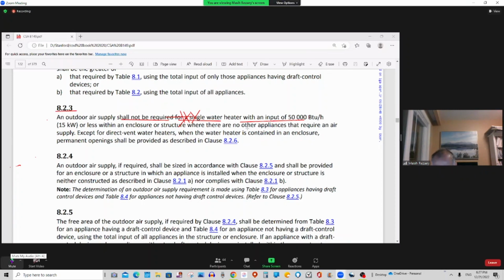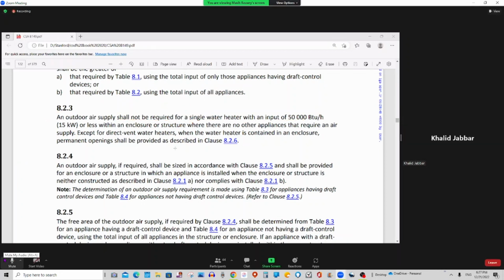My water heater is 40,000 BTU. That doesn't need any combustion air. It's the small one? Yes. If it is the small one, but if this hot water tank is in the place where the furnace is, it is needed. It's only a hot water tank, sir. Okay, I got it. Yes, no other appliance.